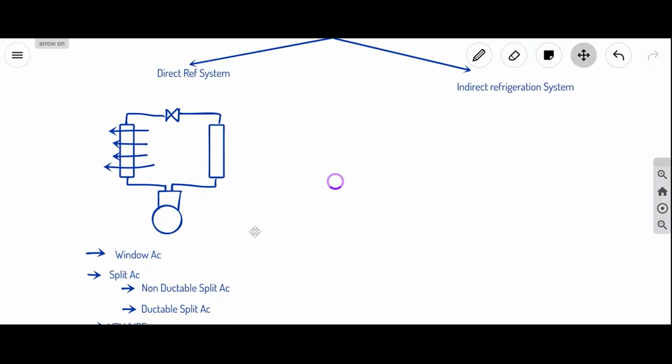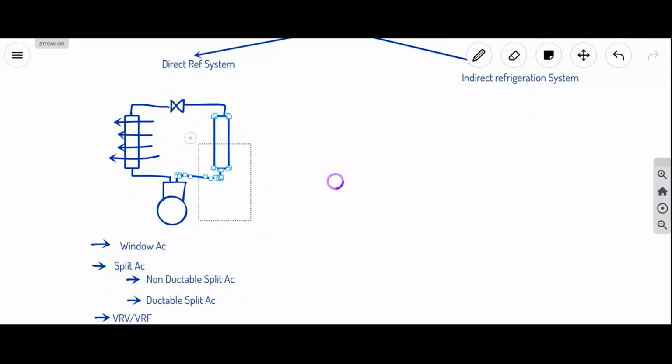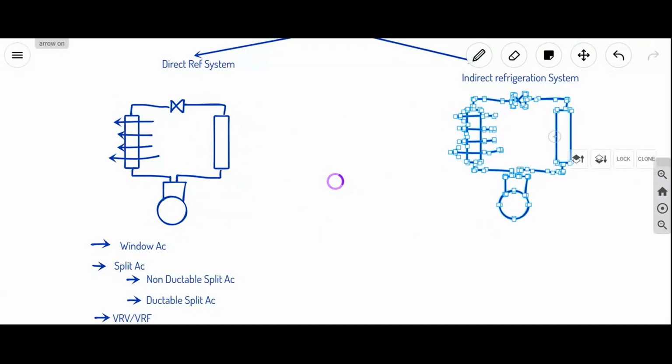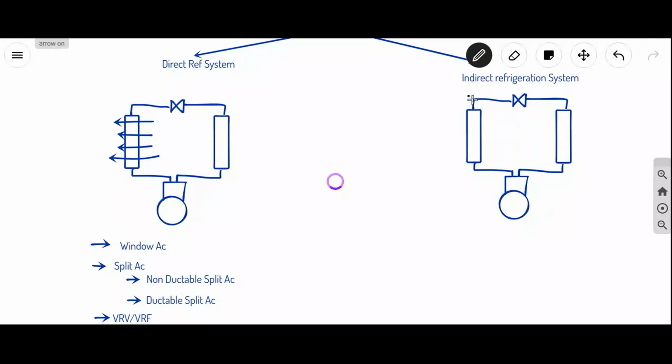So coming to indirect refrigeration system. Here air directly will not contact with the evaporator coil. Here this evaporator is a water cooled evaporator.